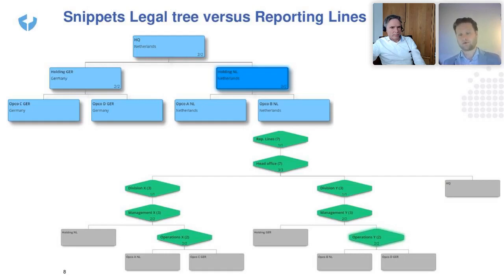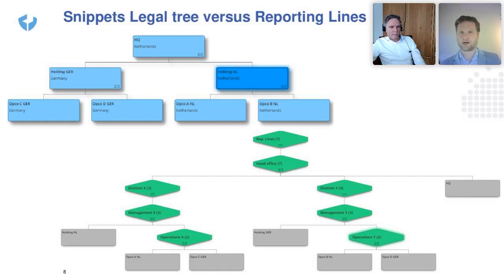On the right side, we see the opposite, division Y and management Y. The German holding is responsible for division Y, and all the operations inside division Y are OpCo B, located in the Netherlands, and OpCo D, located in Germany. With this overview, we wanted to show you that you can deviate from the legal structure if reporting lines differ from it.